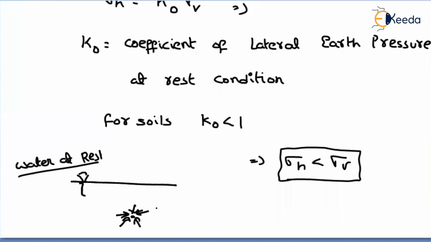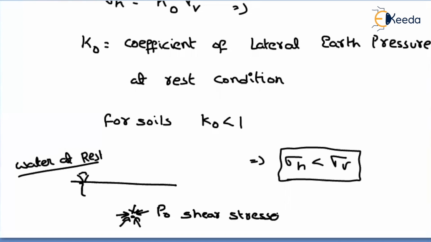Let us say the pressure will be equal to P0. So if it is water, whatever the direction you are taking, the pressure is constant. But if you're talking about soil, the stresses in different directions are different. Why? Because of only one reason: in water, shear stresses will not develop.